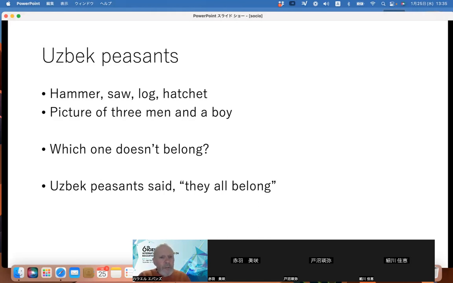And with the picture of the 3 men and a boy, they say they all belong. The 3 men are working, and the boy can run and help them, maybe get them some water or something they need. If the boy wasn't there, it would take a lot longer. So they all belong.